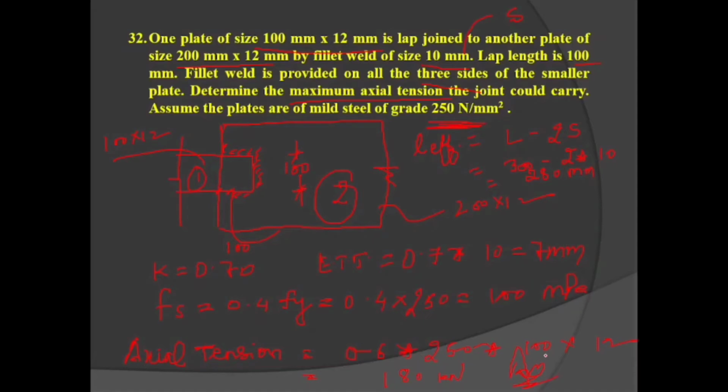If the strength of the weld is more than the axial tension, then we have to limit our value of the axial tension to that particular strength. So initially we also have to calculate the strength of the weld.